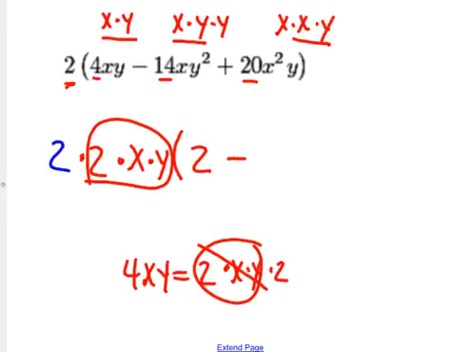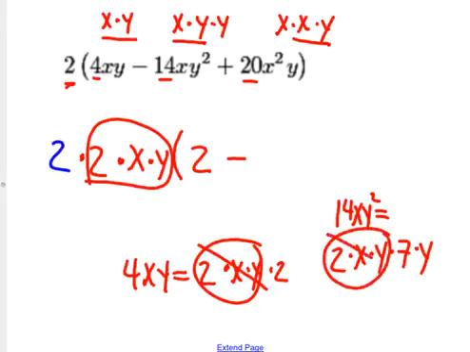So let's look at 14xy squared. Well, this is equal to 2 times x times y times 7 times y. I'm taking this out, so it disappears, and I'm left with 7y.